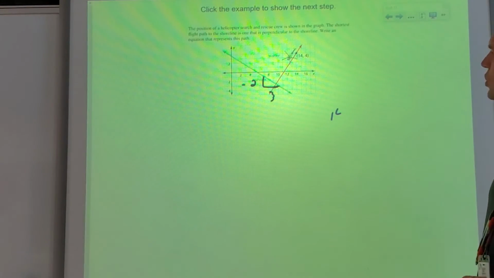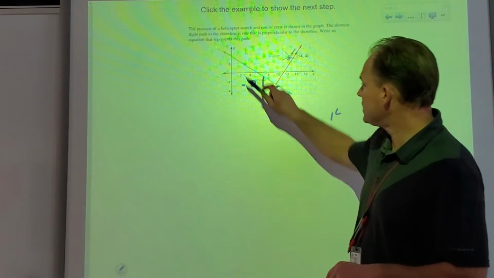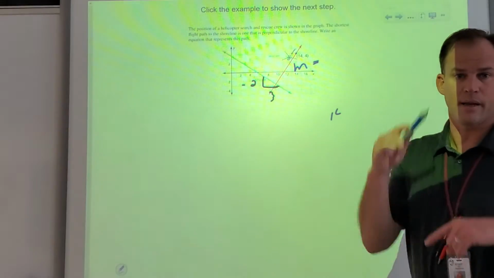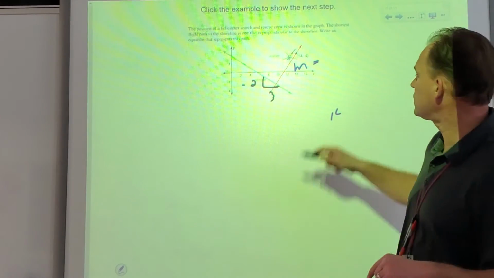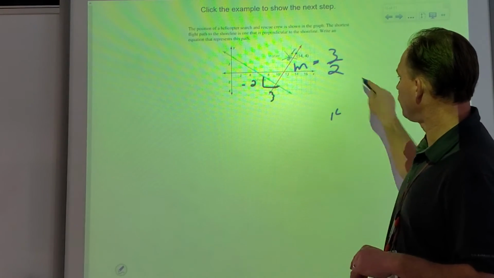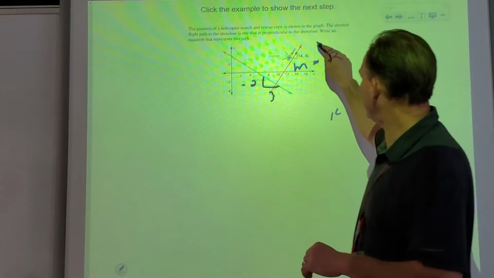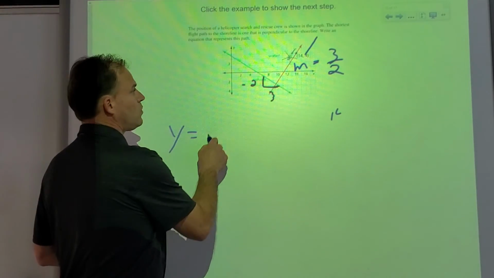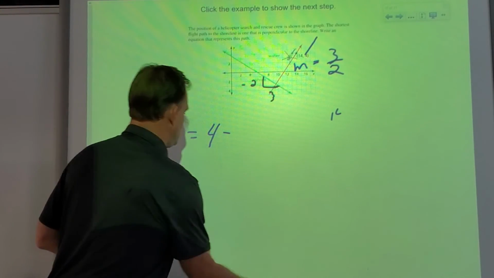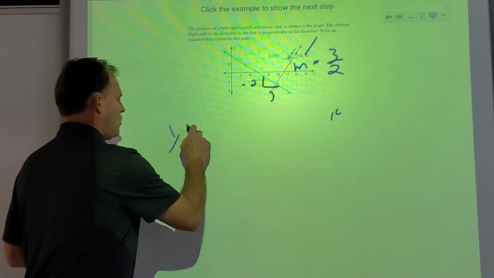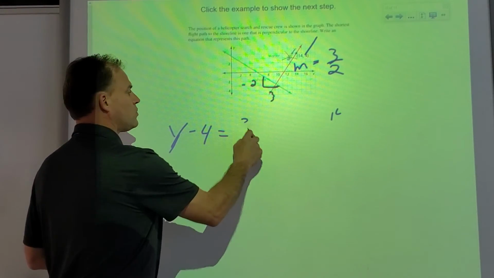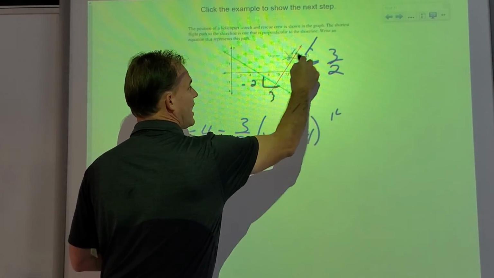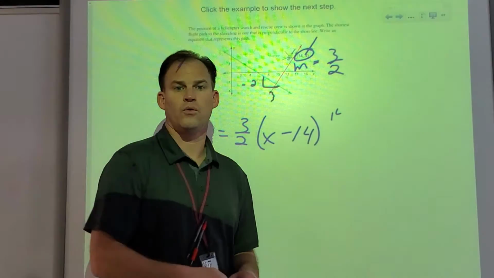So, I know the slope of this line is negative 2/3. What's the slope of the perpendicular line? Opposite reciprocal, positive 3/2. So now it's a point and a slope. y minus 4 equals 3/2, x minus 14, because I have that point right there, (14, 4).